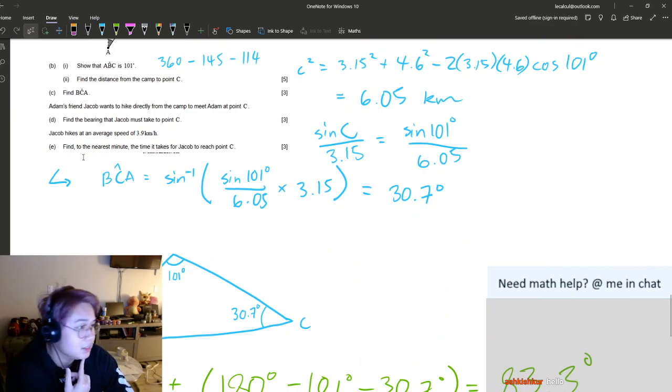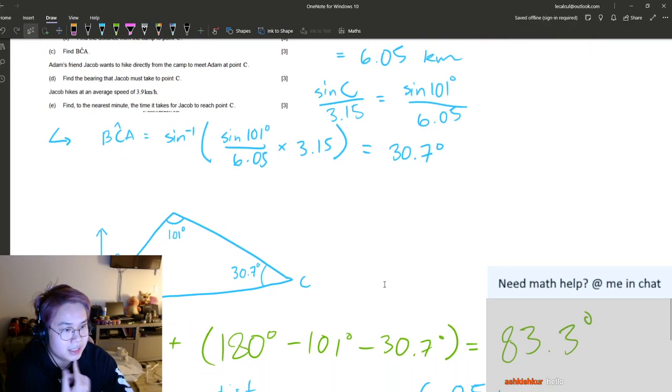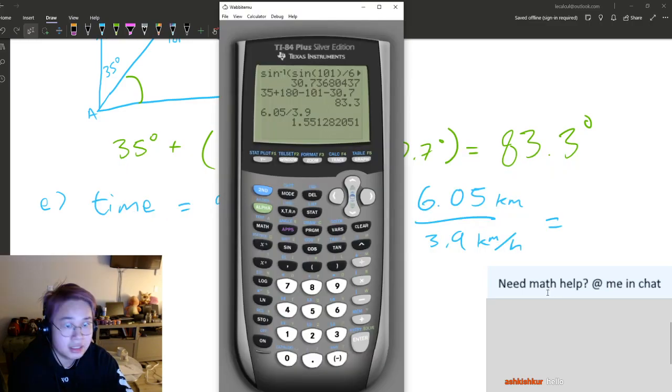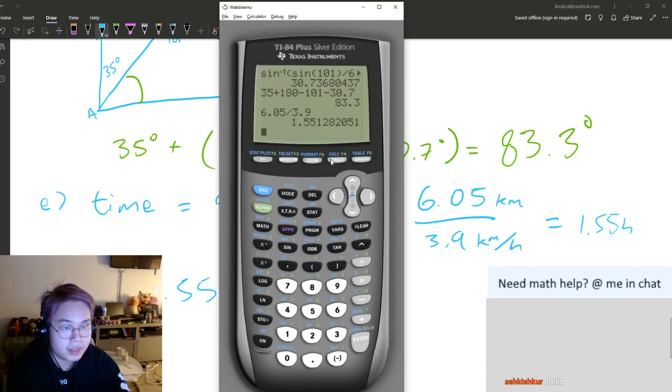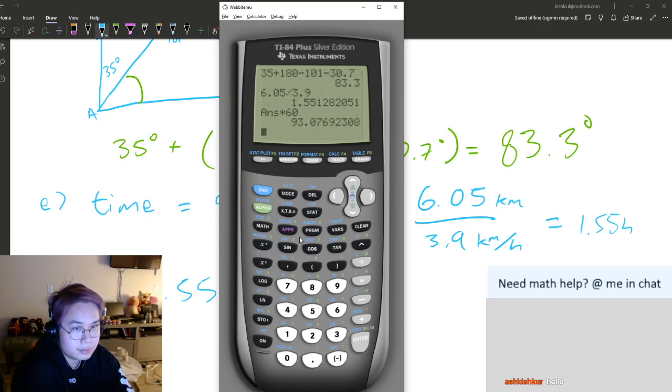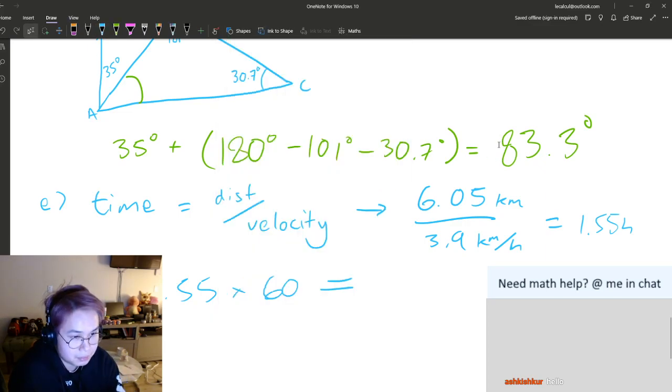It wants this to the nearest minute. It doesn't want it in hours, which is currently what our unit is in, 1.55 hours. So of course we will need to multiply it by 60 to get our answer. I'm going to use the full decimal just because it's already here. And then we round to the nearest minute, so 93 minutes.